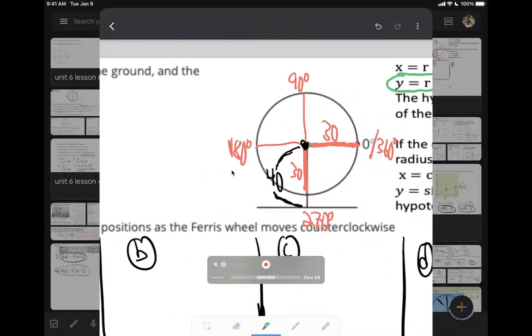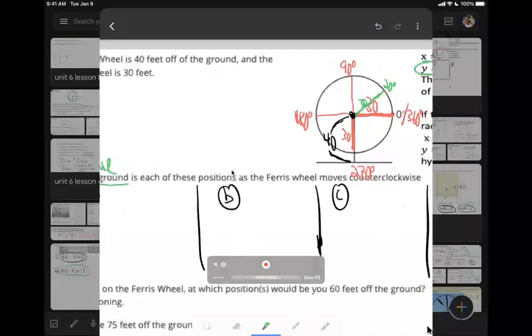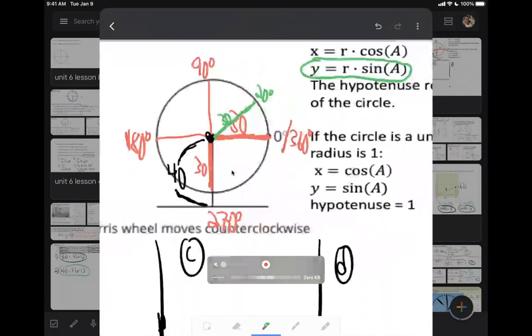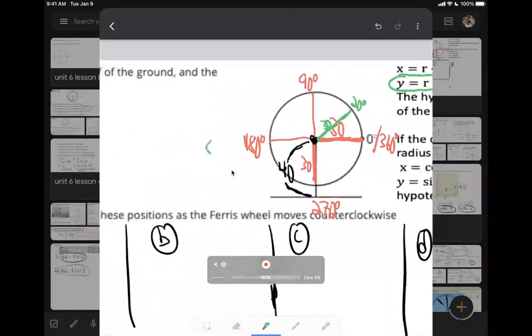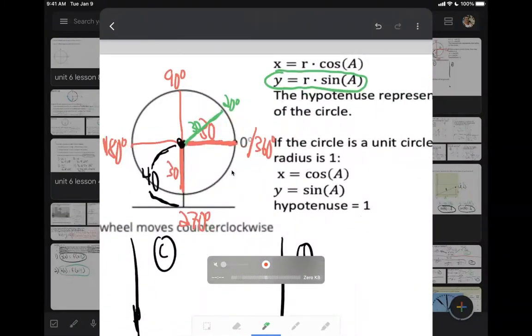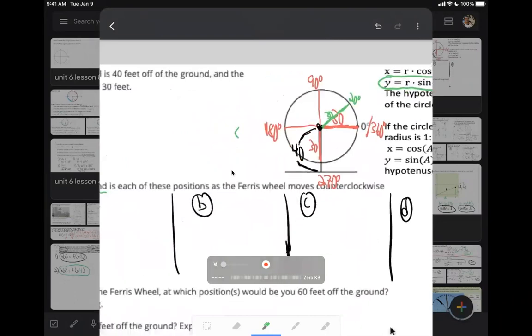So looking at part A, A is 20 degrees. On the circle, that's going to be about right here. So 20 degrees will be approximately right here. And again, I know that the radius is 30 feet. So to find the actual height, I need to plug into that formula and then add 40 to it since it's 40 feet above ground.